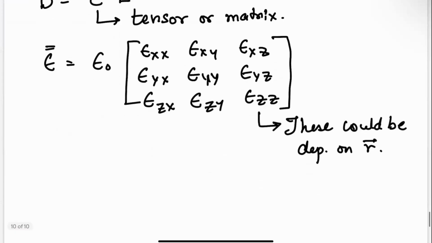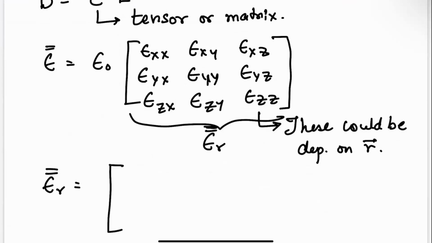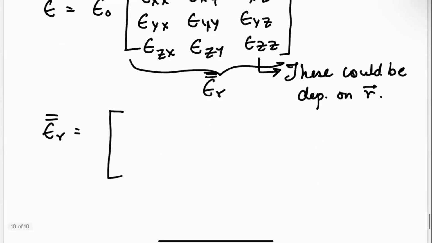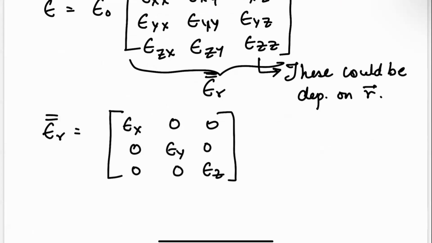Okay. And I can call this whole thing an epsilon r matrix, right? Because I put the epsilon naught outside. So for epsilon r, there are special cases which we'll define. If I only have diagonal elements, that is called a biaxial medium.